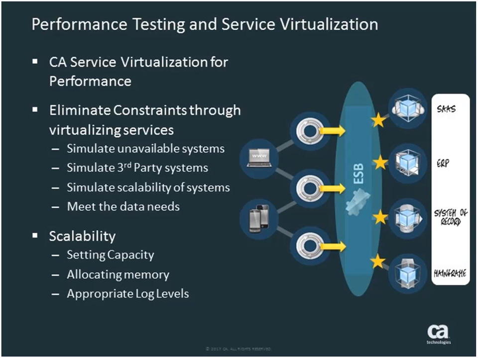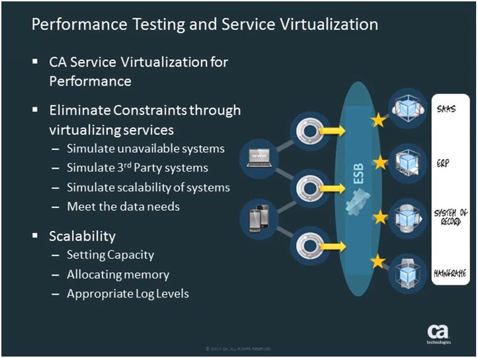So by increasing the capacity of a virtual service, you can make sure that it can support heavier loads. Then the memory allocation. In addition to setting the capacity, you want to make sure that your components like virtual service and your VSC have appropriate memory allocated to support the load and processing. Once you have appropriate memory, it can also process the concurrent requests that come in.